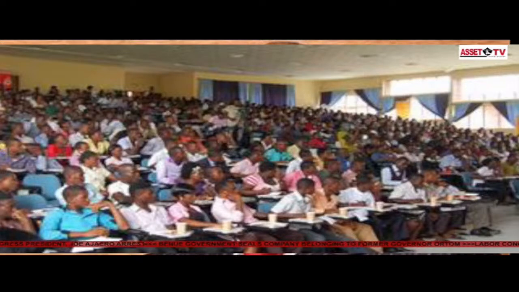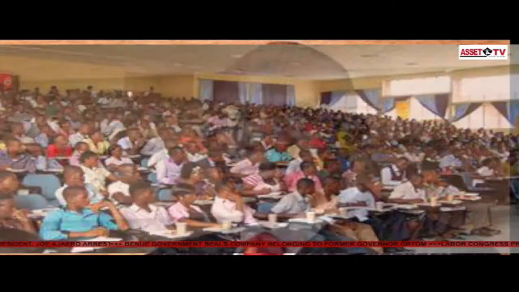Recall that the Minister of Education, Professor Tahir Mamman, recently said candidates seeking admission into tertiary institutions in Nigeria must be 18 years and above. Rotimi Omoni said the policy should have been implemented to ease out students presently under the 6334 education system without any disruption. And that is the news.